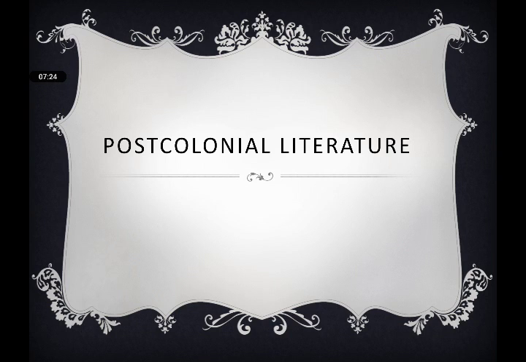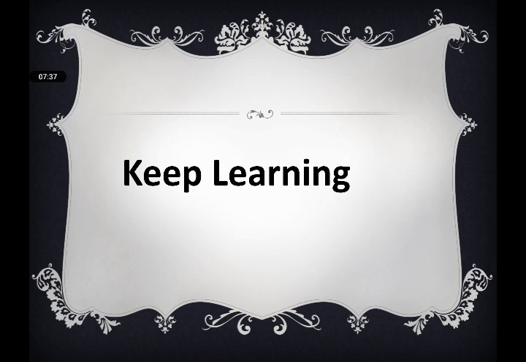So, this is all about Indo-Anglian literature, post-colonial literature, and diasporic literature. I hope you got answers to all the questions that were raised at the beginning of this video.